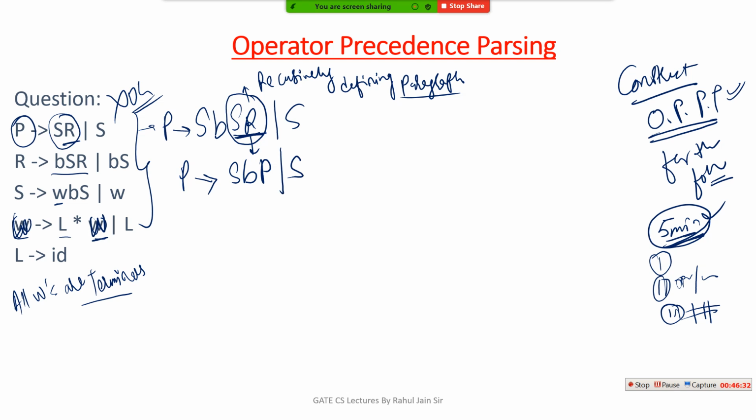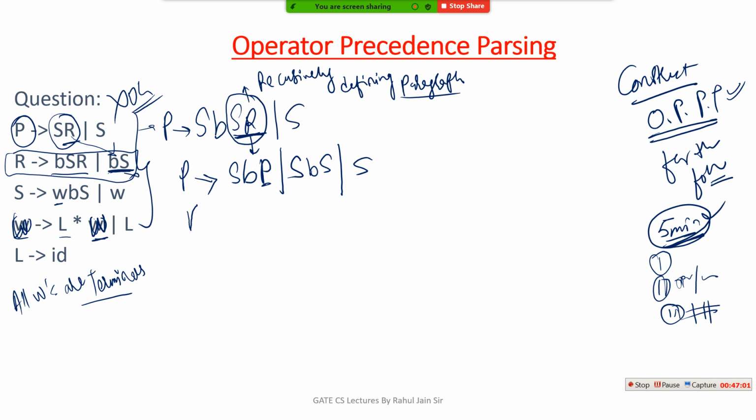Next rule: I can also replace this SR with BS, so I will get SBS, and at last I have S. It is my first production. Next, I do not need to write any R here because I only have P. So this is a redundant statement because I don't have any R in that, so I will remove this.